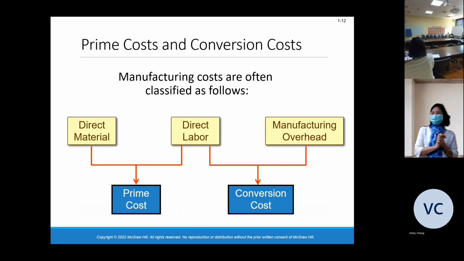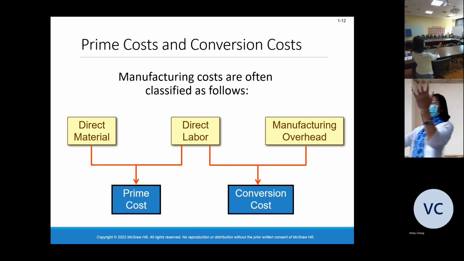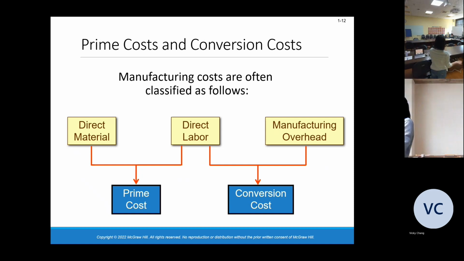Okay, another terms, prime cost and conversion cost. Prime cost includes direct material and direct labor, because they are the prime cost of the product or the service.